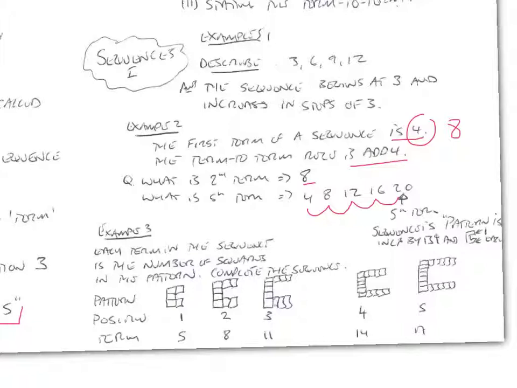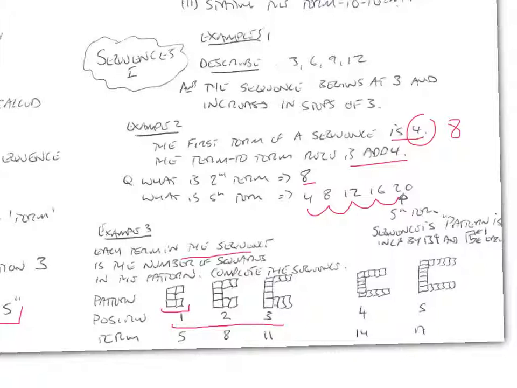Let's look at this example now where we actually have a pattern of blocks. In the example we're shown the first 3 positions and the pattern for each of those positions. Each term in the sequence is the number of squares in the pattern.